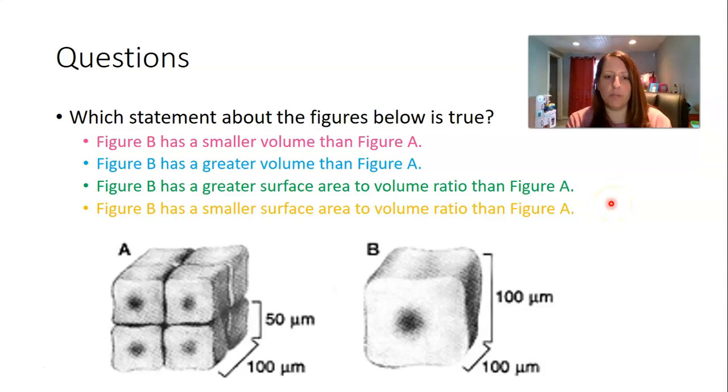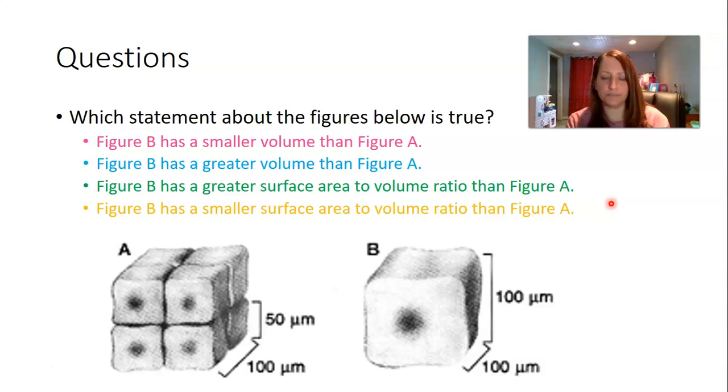So which statement below about these figures is true? Okay, does figure B have a smaller volume than figure A? Okay, or is the volume the same? So that collection of cells in A compared to that one cell in B. Does B have a smaller volume than A?